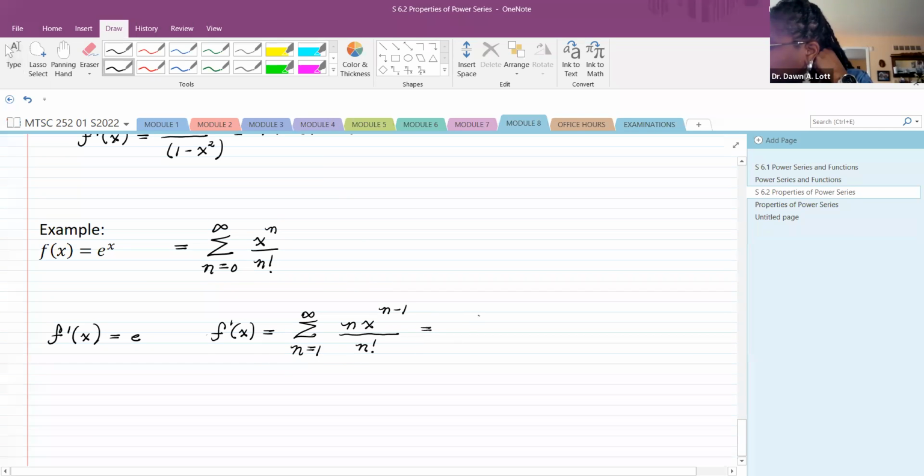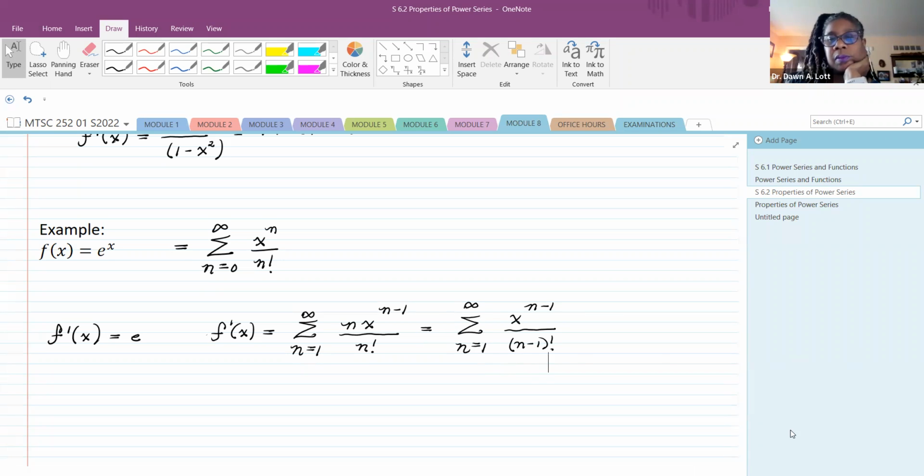So this is the sum n equals 1 to infinity of x to the n minus 1 over n minus 1 factorial. Okay. And it's the same series.